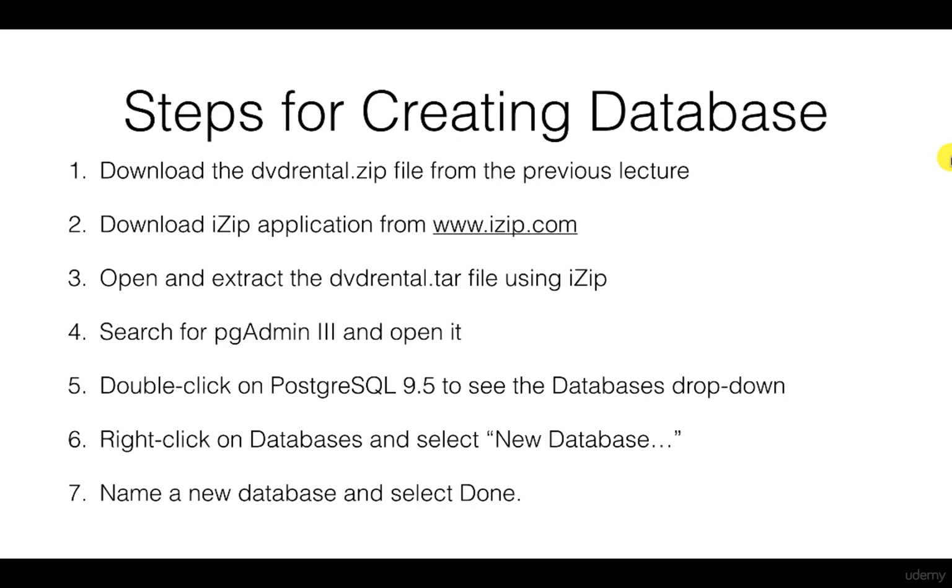Then you had to search for pgAdmin 3 and open it. Then you had to double click on PostgreSQL 9.5 to see those databases drop down. Then right click on the Databases icon and select New Database. And then name your new database and select Done. That was for creating the database.